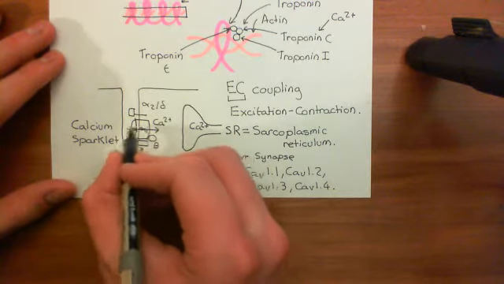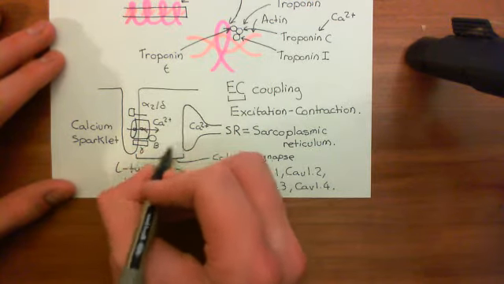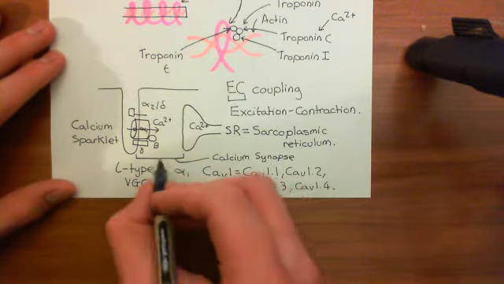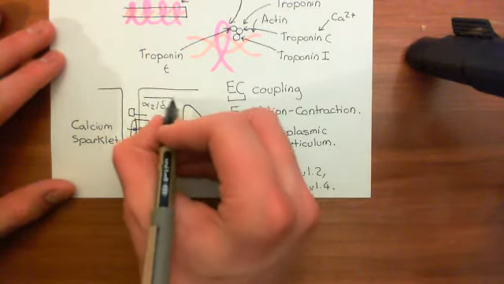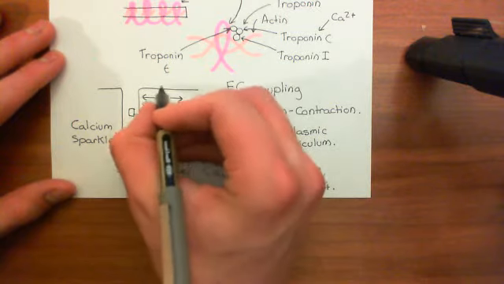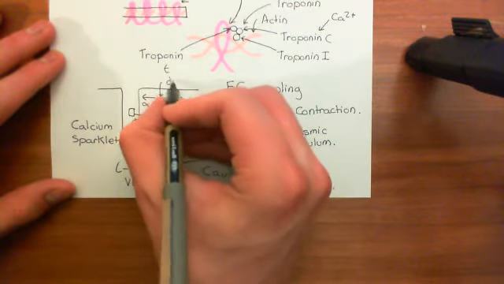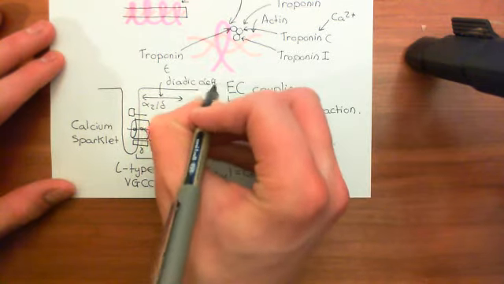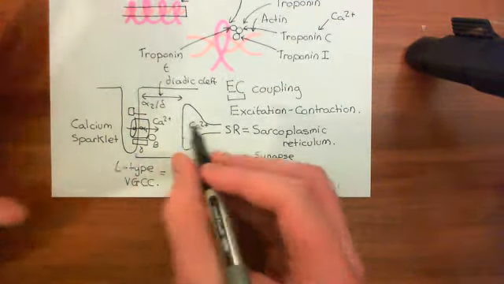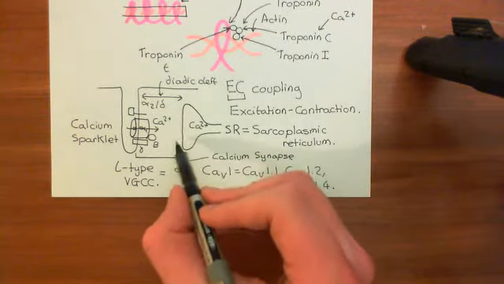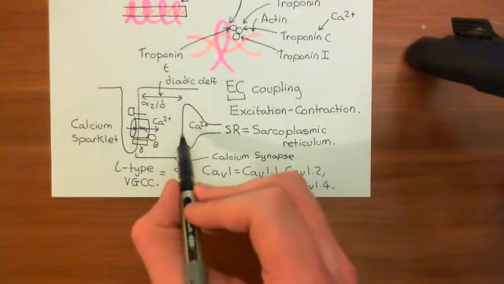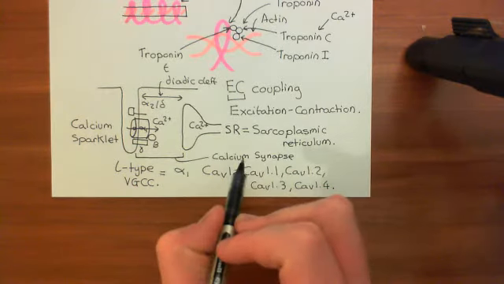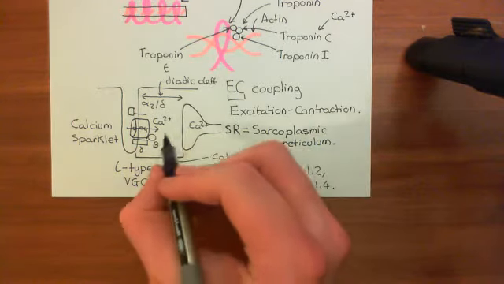It's releasing calcium into the equivalent of the synaptic cleft. People actually do call this gap in between these two things the dyadic cleft. Then the calcium will diffuse across to the postsynaptic membrane over here and act on a receptor on that postsynaptic membrane and trigger a response. So it really is like a calcium synapse.